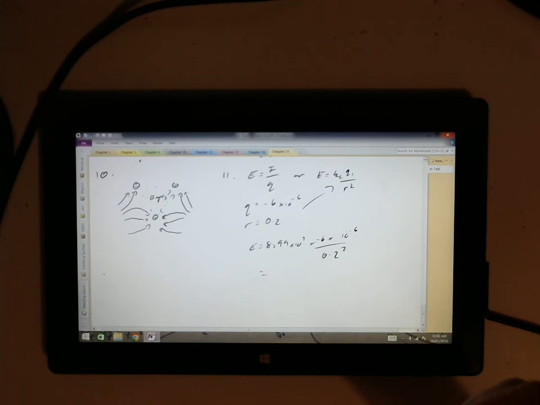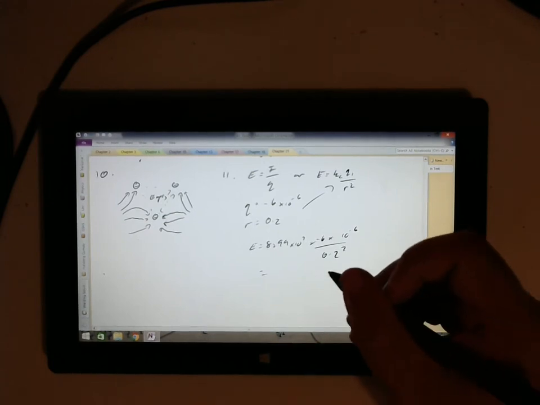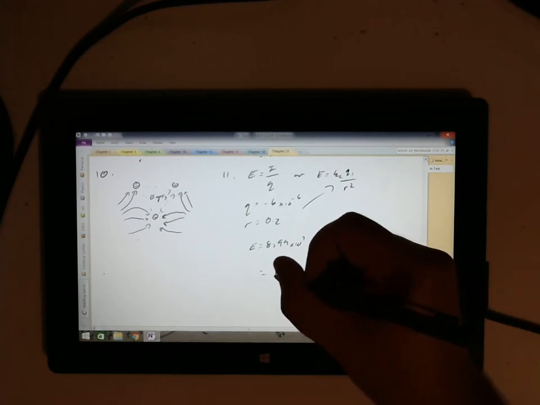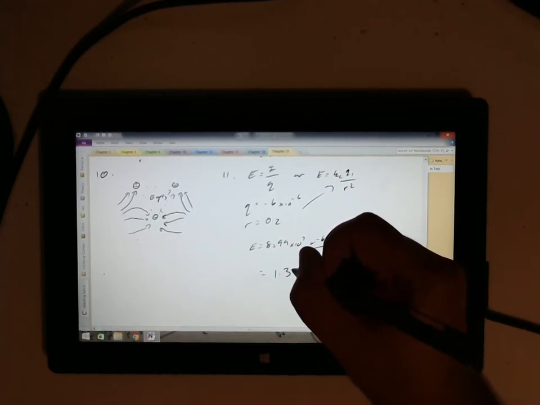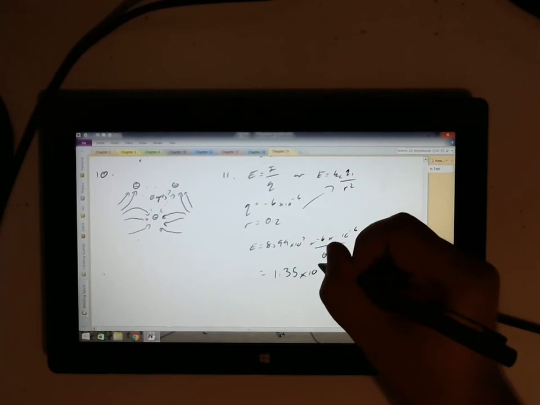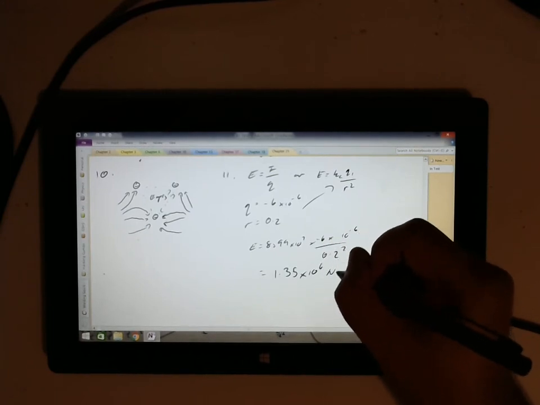And we're going to get a magnitude. Now I haven't bothered putting the negative in, I've just put the magnitude of, this is a pretty big number, 1.35 times 10 to the 6 newtons per coulomb.